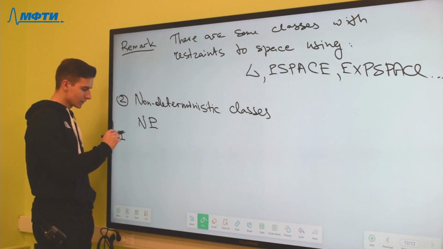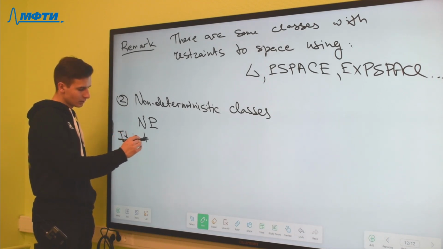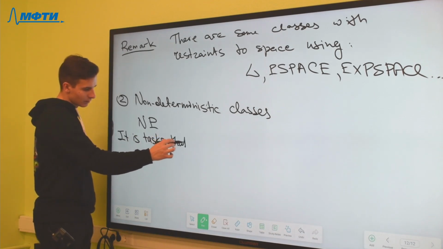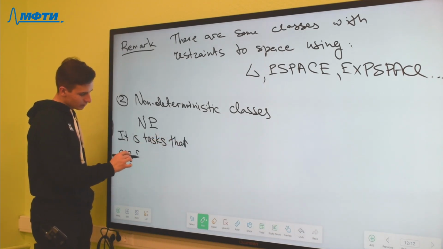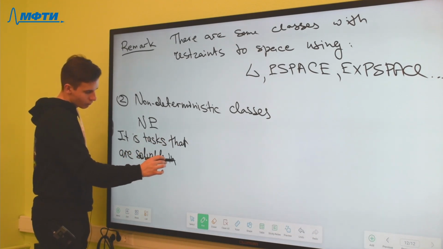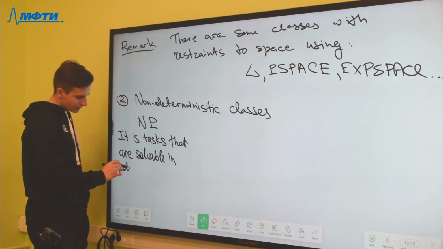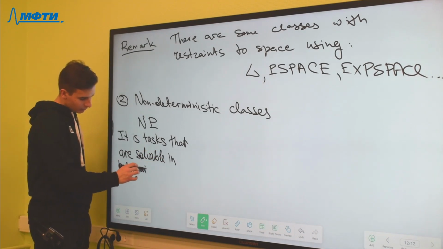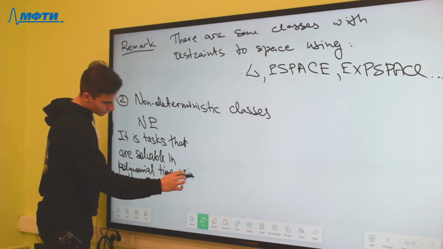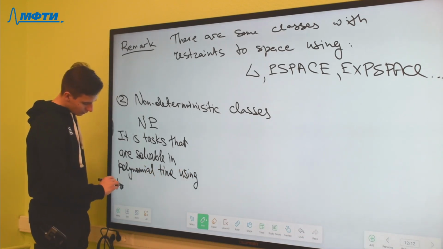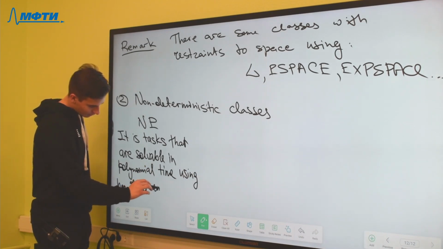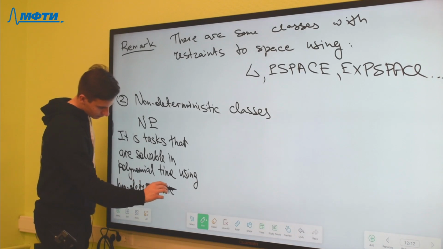It is tasks that are solvable in polynomial time using a non-deterministic Turing machine.